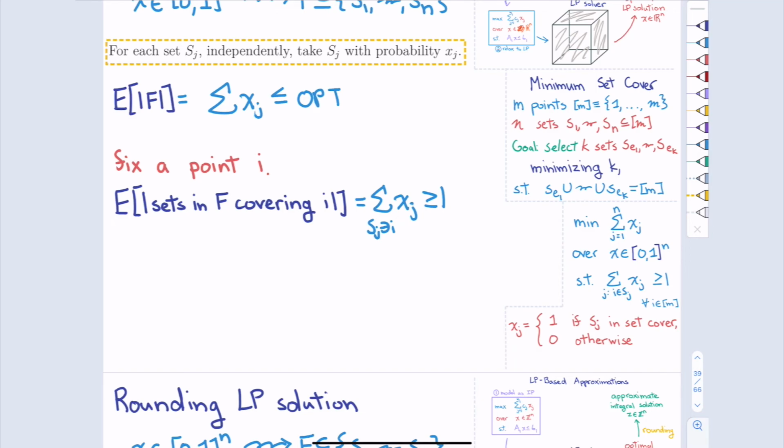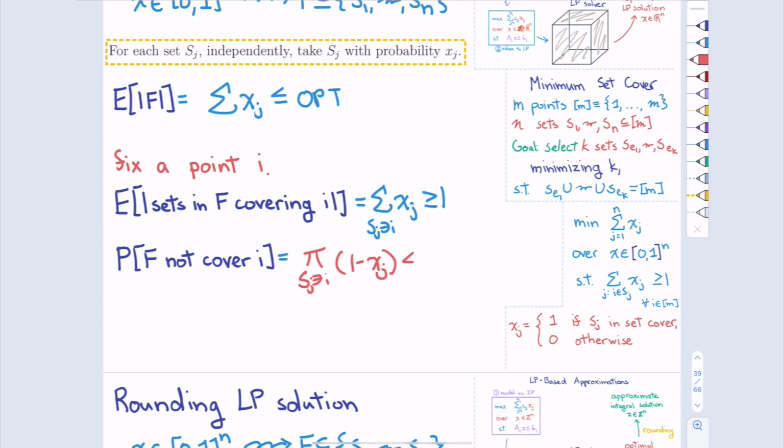But that's not really what we're interested in. We're interested in what is the probability of i being covered. Okay, so let's look at the probability that the rounding does not cover i. And you said, oh, we can do something like last time. So we can take the product over all the sets that contain it of 1 minus Xj, so if they all come out tails.